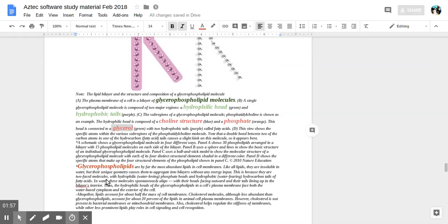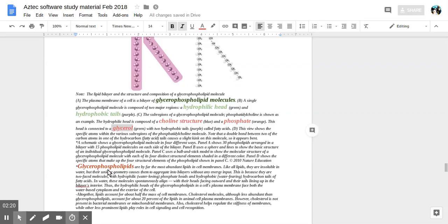Thus, the hydrophilic heads of the glycerophospholipids in the cell's plasma membrane face the water-based cytoplasm and the exterior of the cell. So you have two molecules making up the bilayer.